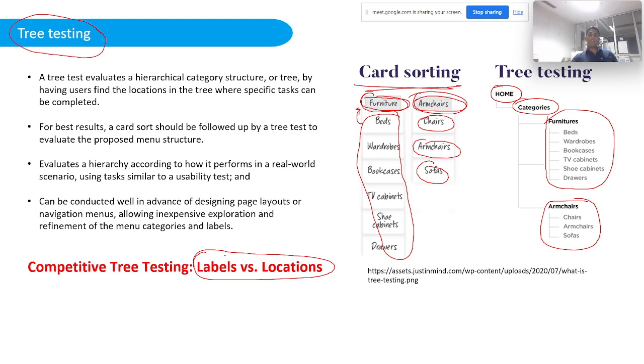Testing of level means whether a particular level should move up or down, or should fall under another category. Moving levels from one place to another needs comparison of two different trees.